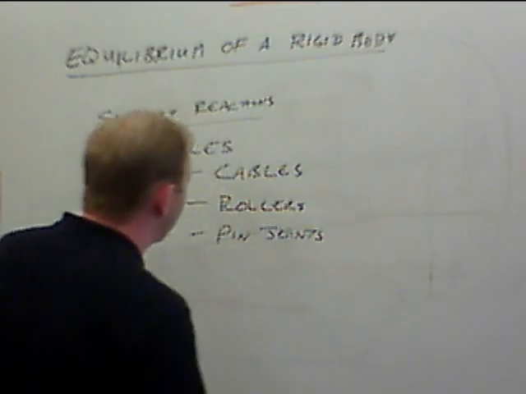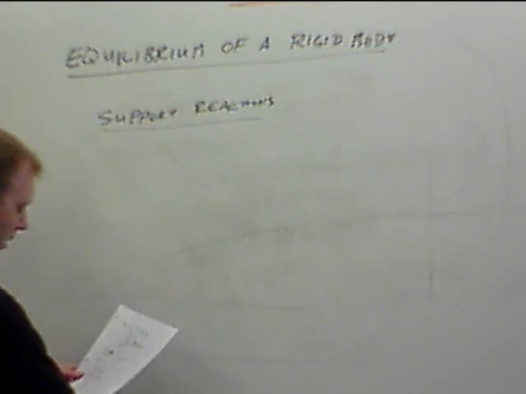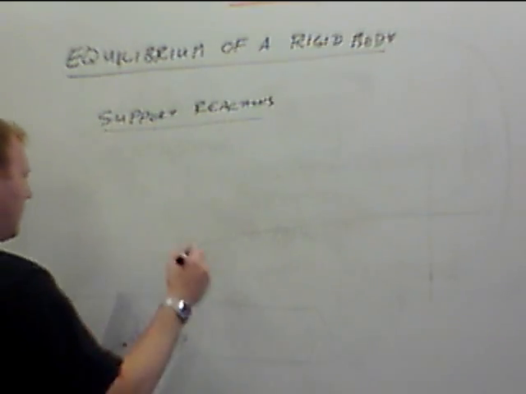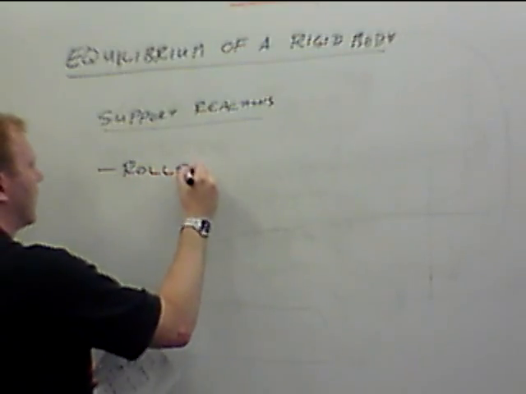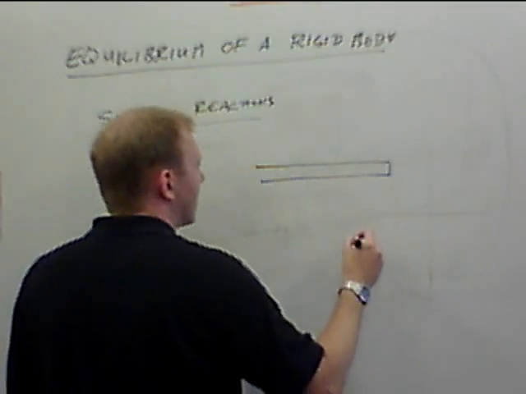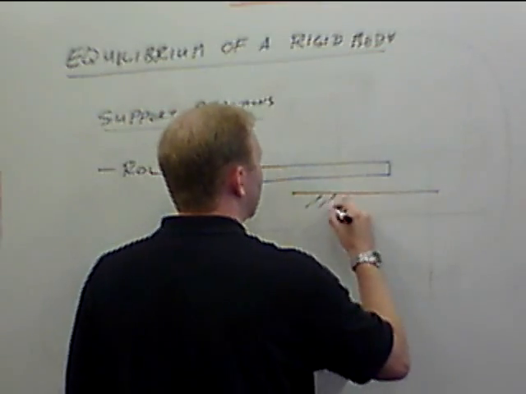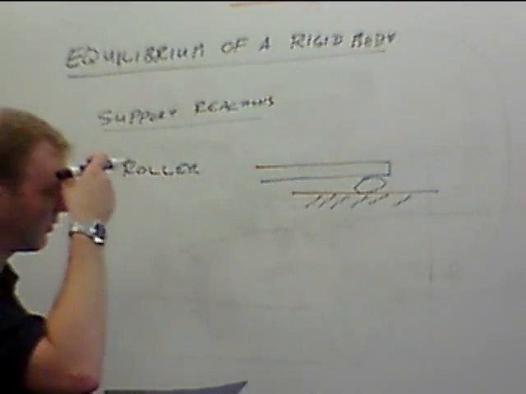The 3 most common ways here. Start with as simple as a roller. Say we have a beam. We've got the ground here, and there's this roller, this circular bearing underneath it.